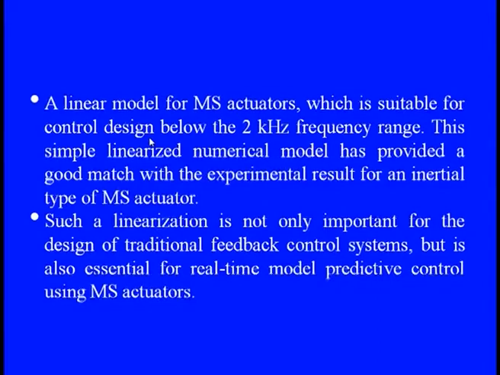And we can straightaway apply it in some experimental setups for an inertial type of MS actuators, through which we can at least actuate things. Since linearization is not a feature of these magnetostrictive or electrostrictive materials, when we adopt the traditional feedback control system, we can at least reduce the error between the desired and actual outputs and try to make proper control.